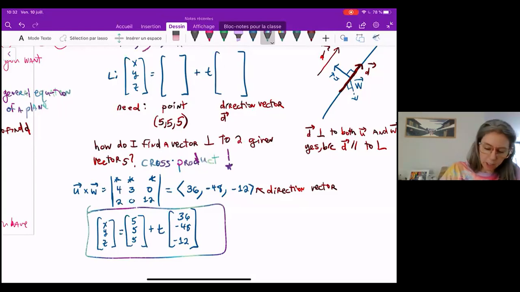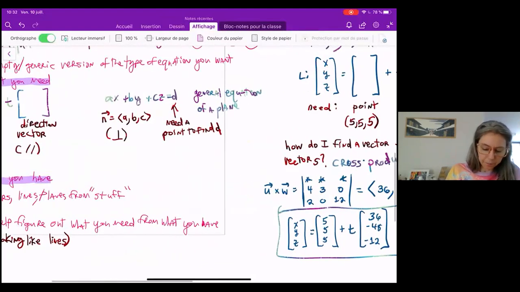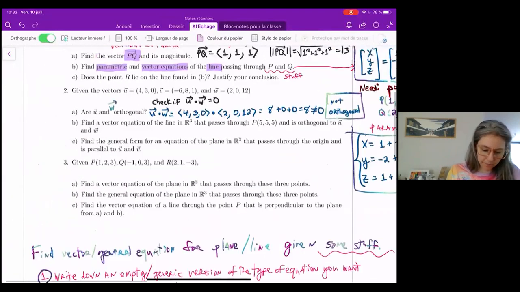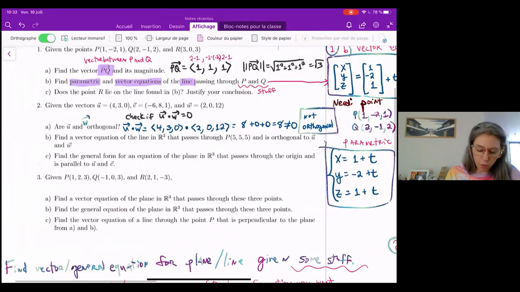Okay, let's look at C then. Find the general form.